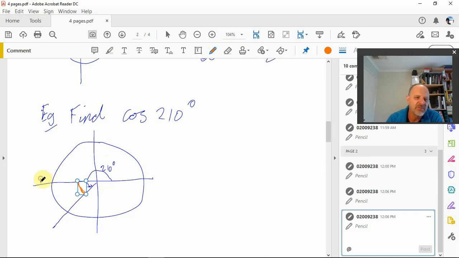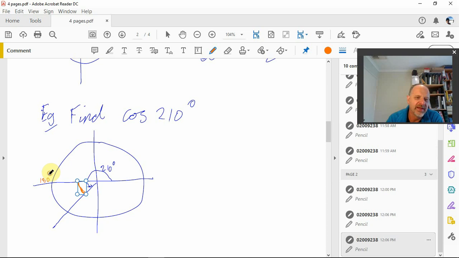So if that was 180 all the way around to there, and this is 210 all the way around to there, the difference between them, which I'll calculate over here, 210 minus 180 is 30 degrees.